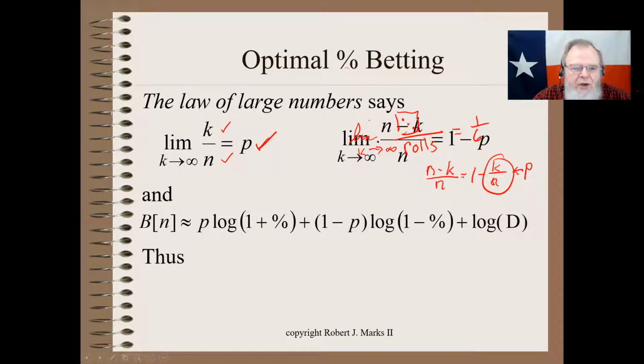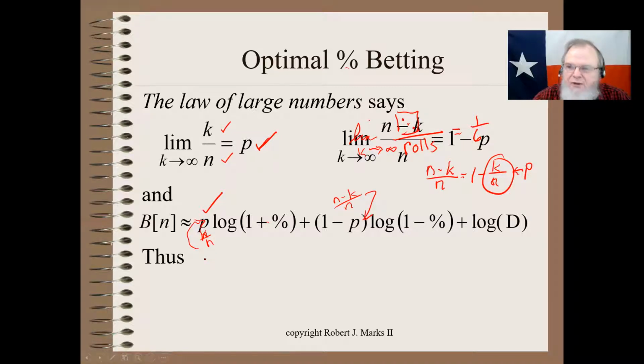By the law of large numbers, we get p times this logarithm plus 1 minus p times this logarithm. Previously, this was k over n, and this was n minus k over n. And so this p substitutes for this.